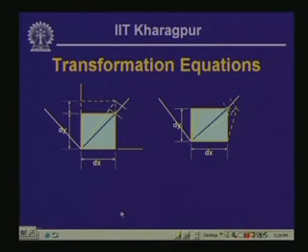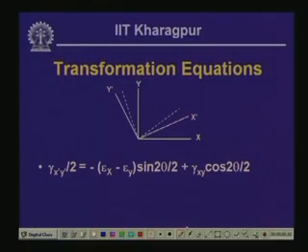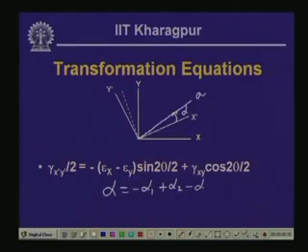Now, when we are computing the strain here, which we have designated as A, this particular angle is alpha, which is in an anti-clockwise direction. So, alpha equals minus alpha 1, which is in a clockwise direction, plus alpha 2, which is anti-clockwise direction, minus alpha 3, which is again in a clockwise direction.